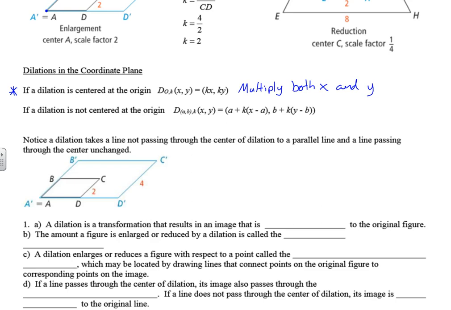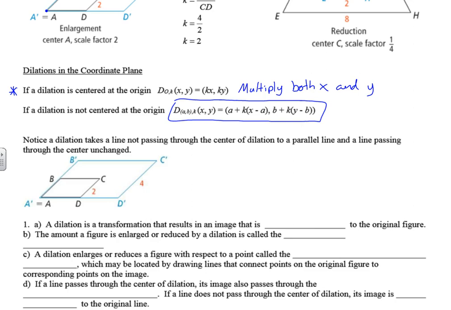If it is not centered at the origin, then we have a little more work to do, and then we will do this particular formula here. That's a long formula to remember, so I'll show you some ways that we can do that graphically when we get there.